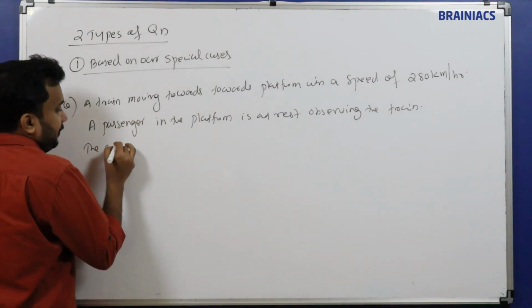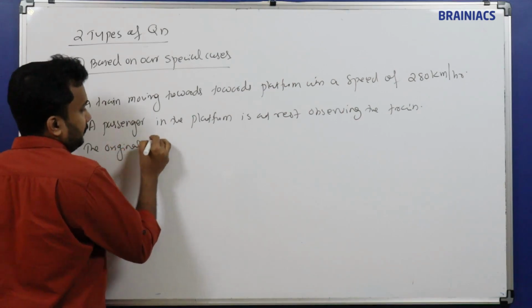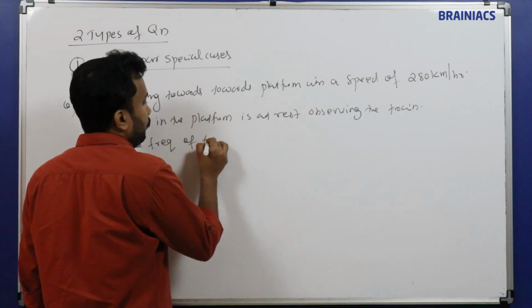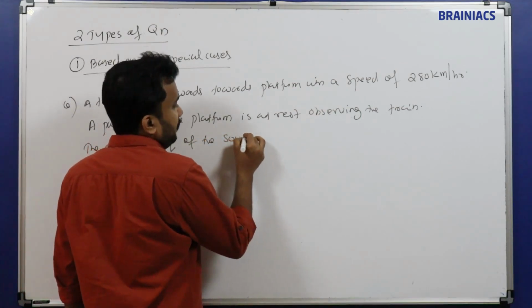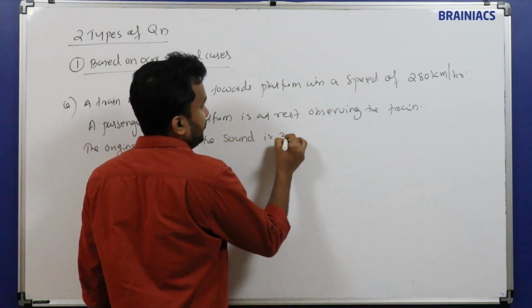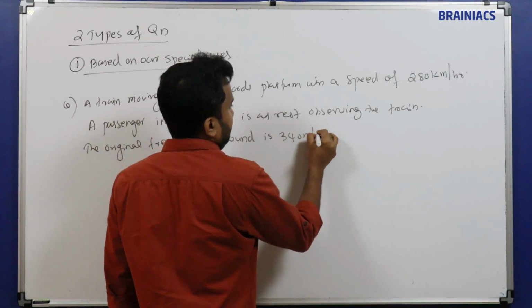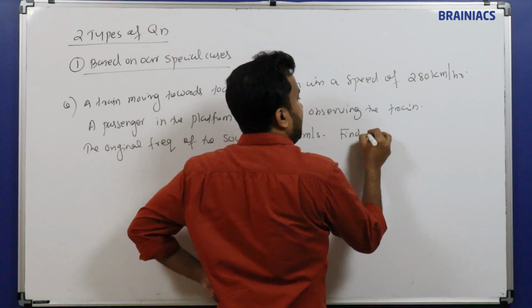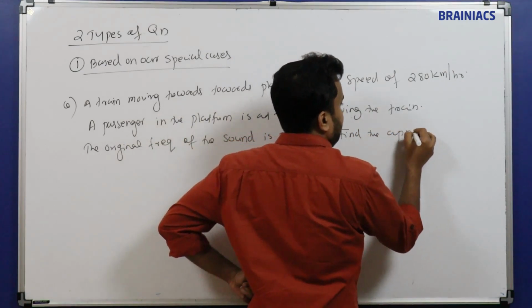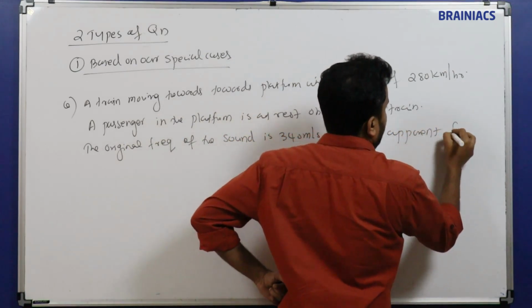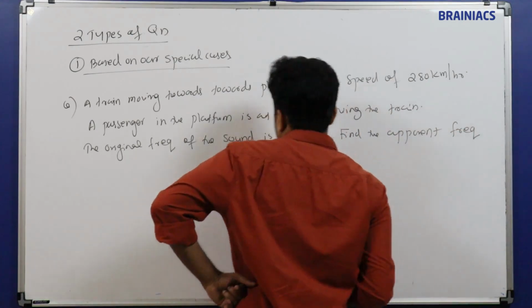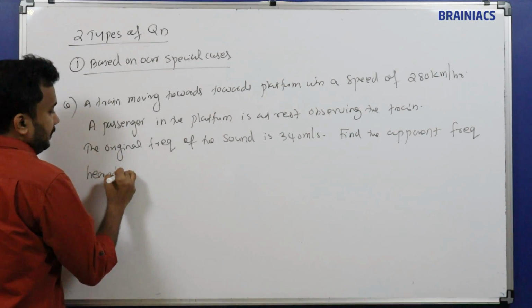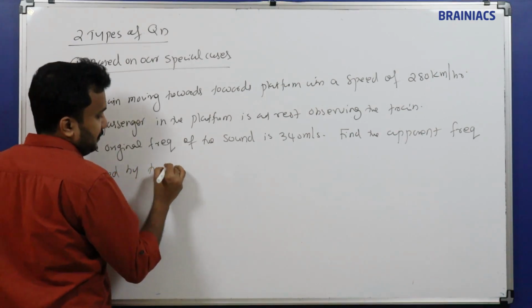The original frequency of the sound is 340 meter per second. Find the apparent frequency heard by the passenger.